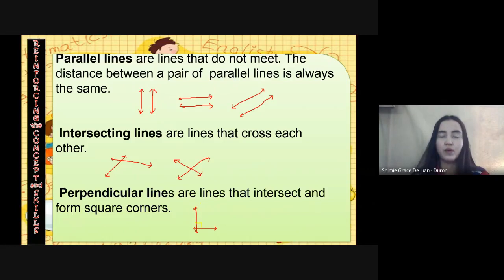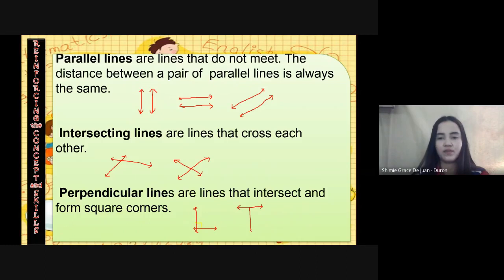When both straight, vertical, and horizontal lines meet at the center and form square corners, like letter T. You always remember these letters, letter T, like that.